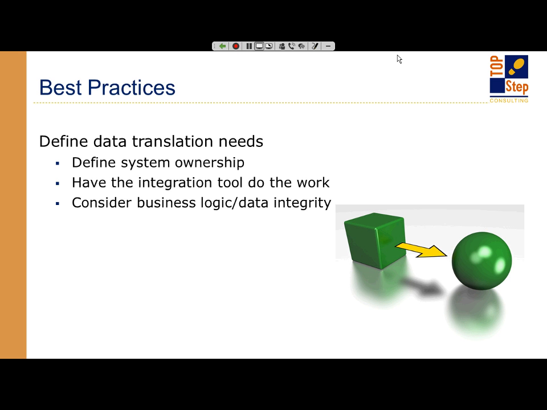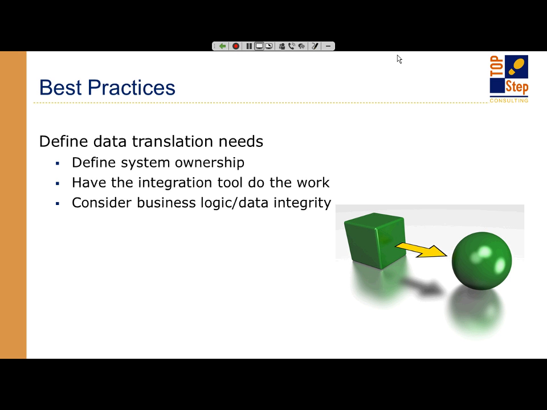So you need to have something translate your square to your circle. And I like to have the integration do this heavy lifting, where you're passing a box or a square into the integration, it does its magic, and outputs a circle which can be understood by your PSA solution or your ERP solution.